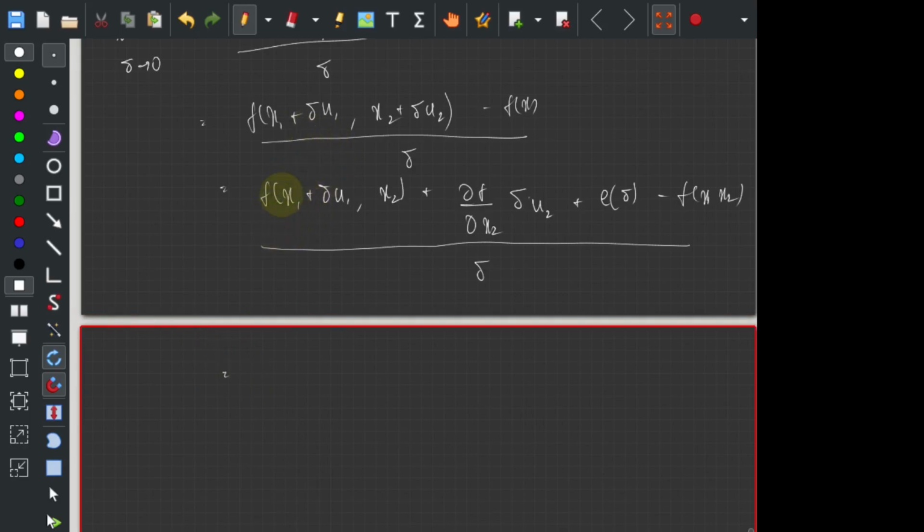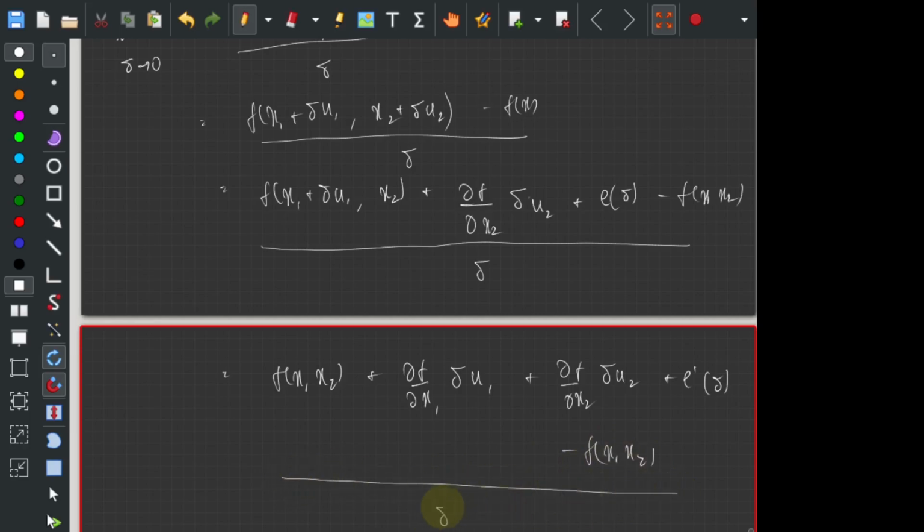I expand about x1, x2 plus dou f by dou x1 delta u1 plus dou f by dou x2 delta times u2 plus some other function of delta which falls to 0 faster than delta, minus f of x1 x2, whole divided by delta.